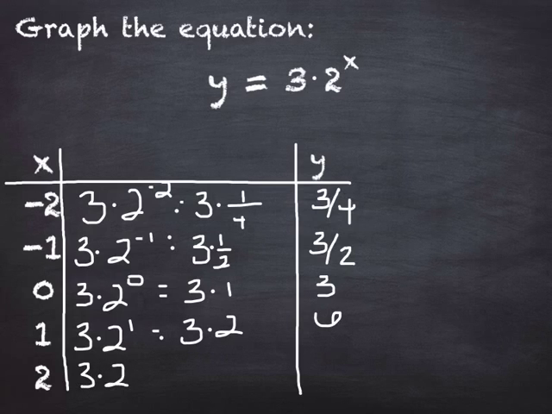And 3 times 2 squared would be 3 times 4, or 12.